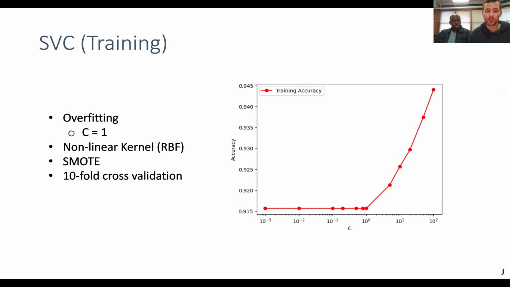So I selected a C value of 1. I used a nonlinear kernel, RBF, and I used SMOTE to upsample the minority class, which was the purchase of the Florence book. Only 270 of 3,800 customers purchased the book, so we felt SMOTE was the best method to upsample that data. And lastly, I did 10-fold cross-validation to check for any overfitting.